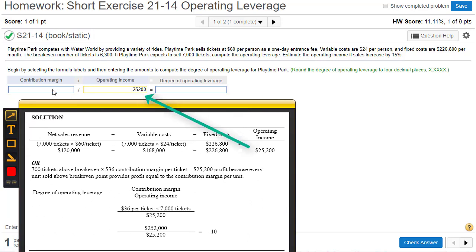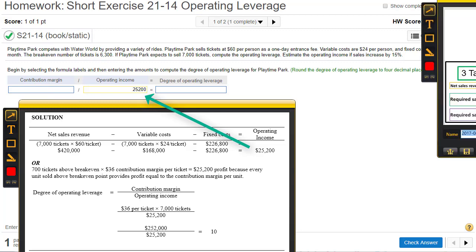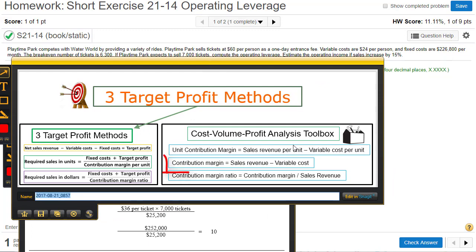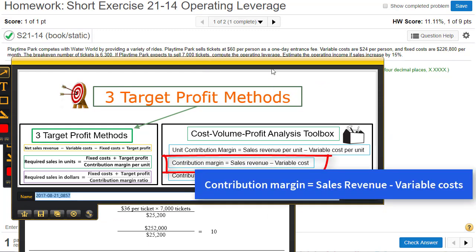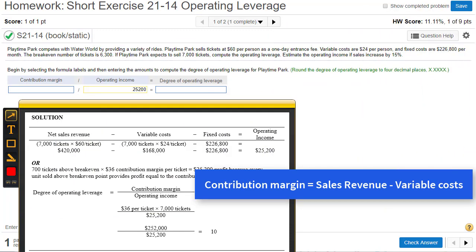Now we have to calculate our contribution margin. Remember our contribution margin, in case you forgot, let's look at our cheat sheet. Contribution is sales revenue minus variable costs. So sales revenue minus variable costs.